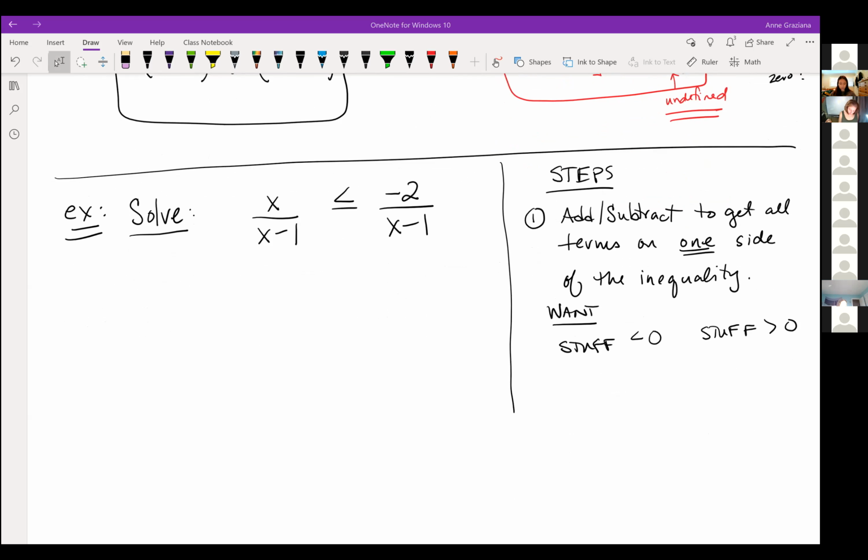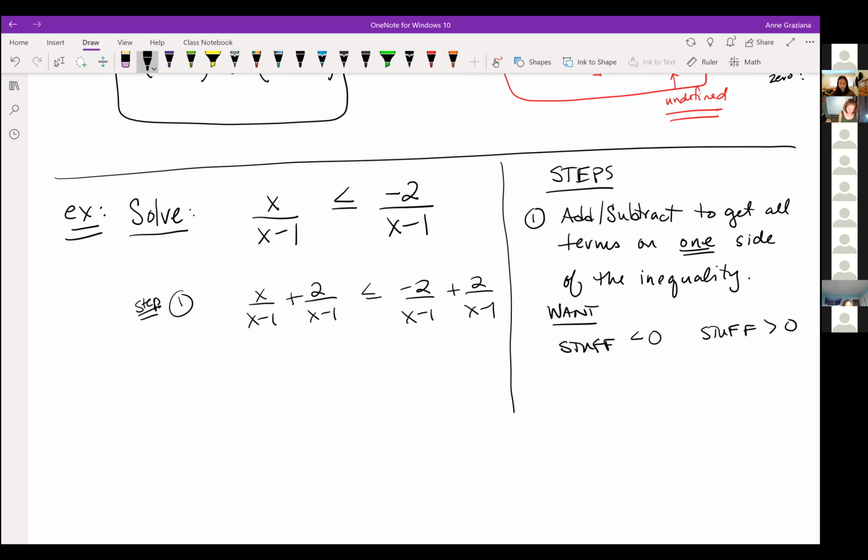So in this problem, I'm going to add, going straight across because it makes a little more sense here, that 2 over x minus 1 to both sides. This is my step 1.